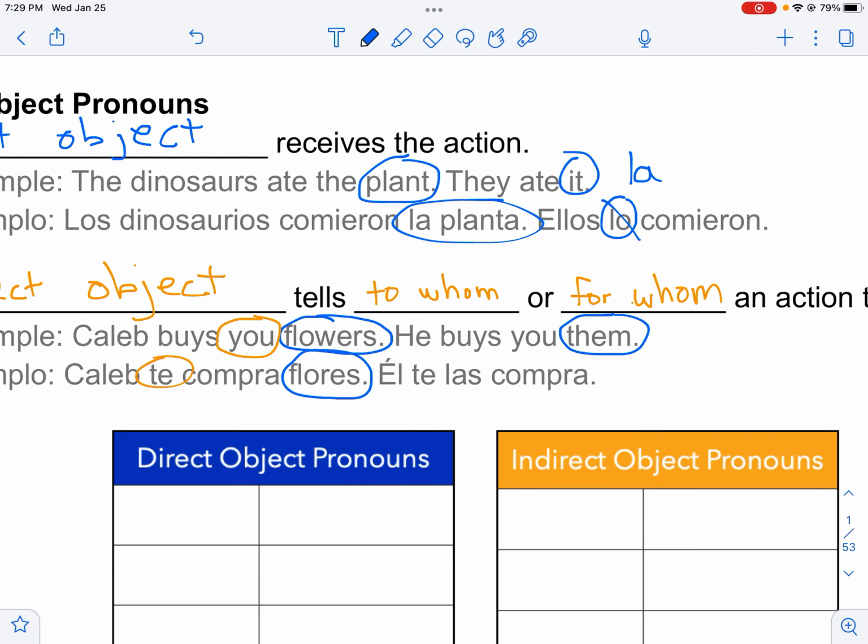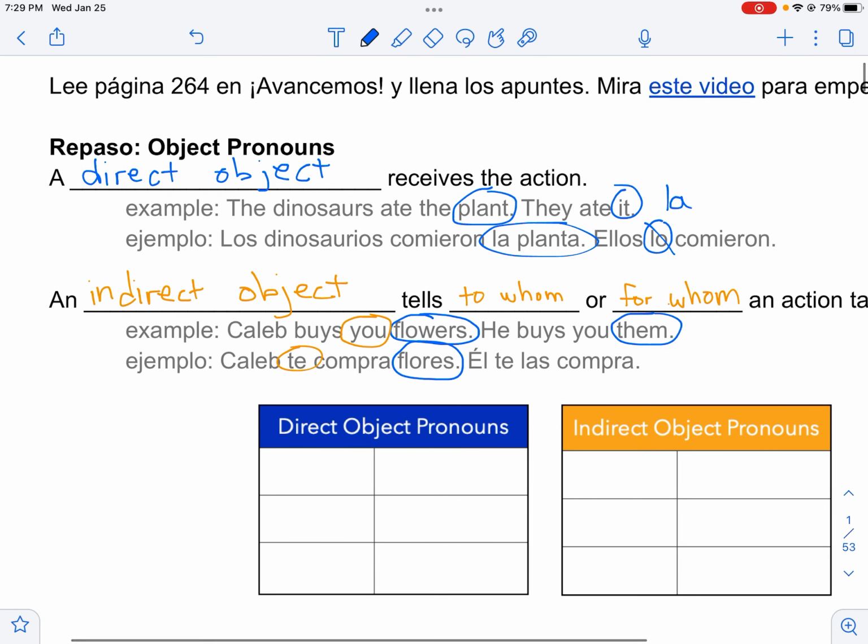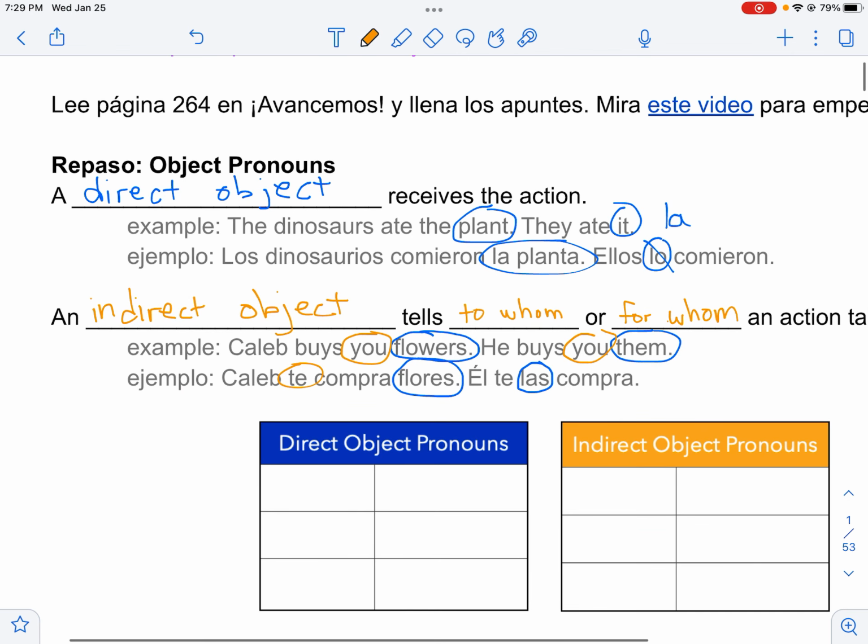Them, in this case, refers to the flowers. It's still the direct object, and las refers to that. Our indirect object is still you. I should have written, Caleb buys flowers for you, to help you see that for whom question. Anyway, the te is your indirect object pronoun here.